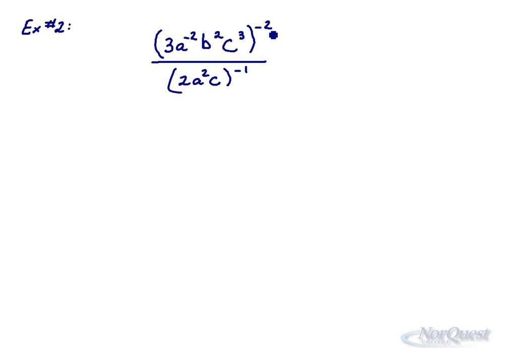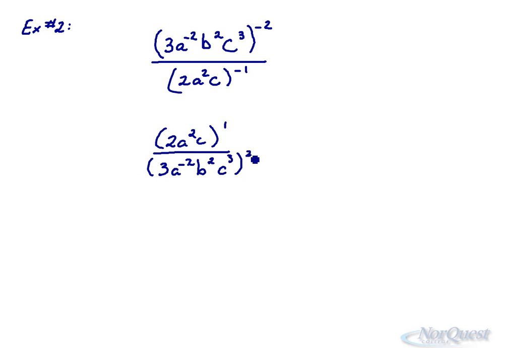What I would probably do in this one is I would take each term and move it from top to bottom. So I would write this as 2a squared c to the power 1, and I would divide it by 3a to the negative 2 b squared c cubed to the power 2.